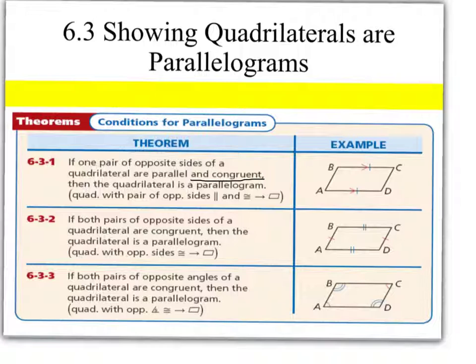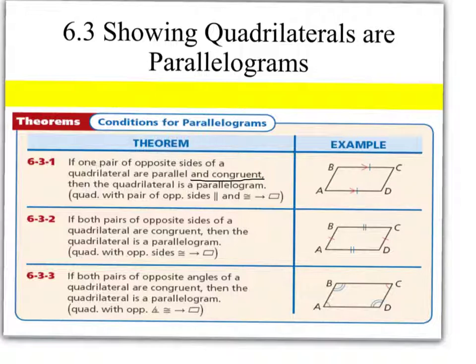Next one, if both pairs of opposite sides of a quadrilateral are congruent, then the quadrilateral is a parallelogram. So instead of one being parallel and congruent, you just need the opposite sides that are congruent to make it a parallelogram. Again, we are talking about quadrilaterals that are parallelograms.